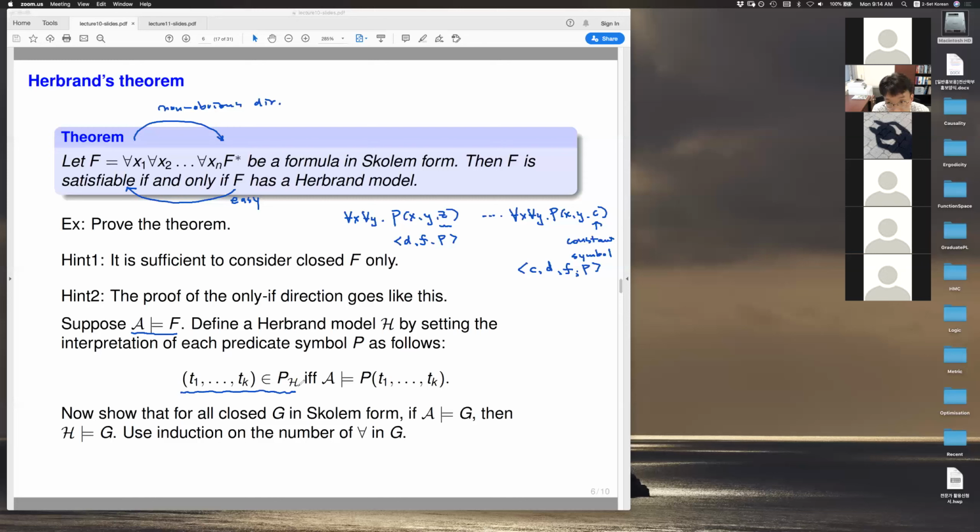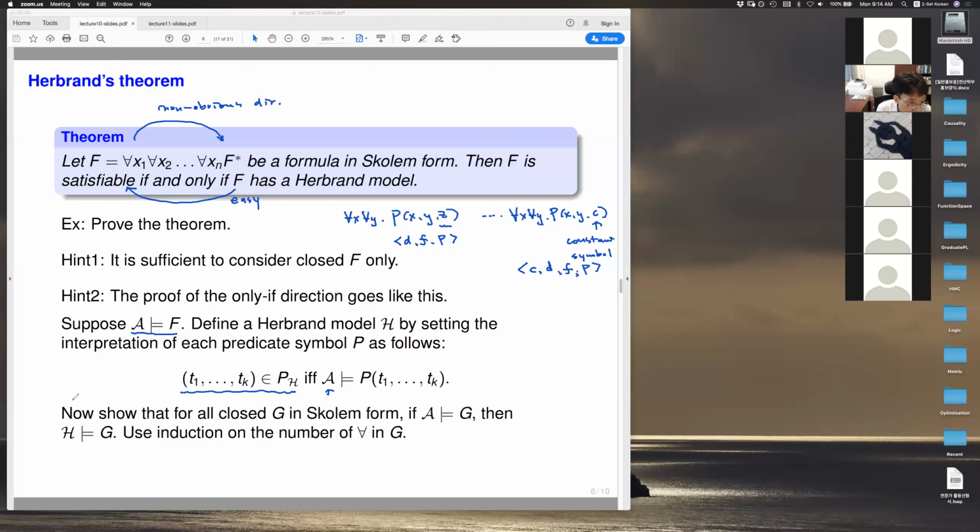So in a sense, we are deriving the semantics of predicate symbols using this satisfying structure A. If you do it, then you can show that the Herbrand model that we just constructed is the one that we are looking for.